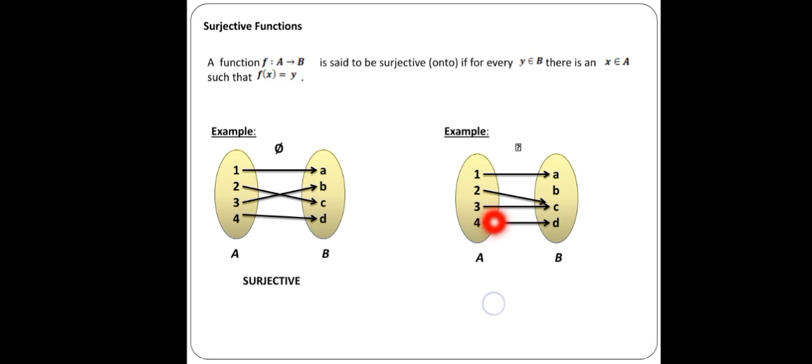But in this example, there's nothing that gets mapped to B. So, in this case, we can conclude that this is not surjective, because when we say surjective, every element in set B must be mapped to by an element of set A. Just like the previous example, but here there is one element that is not mapped.